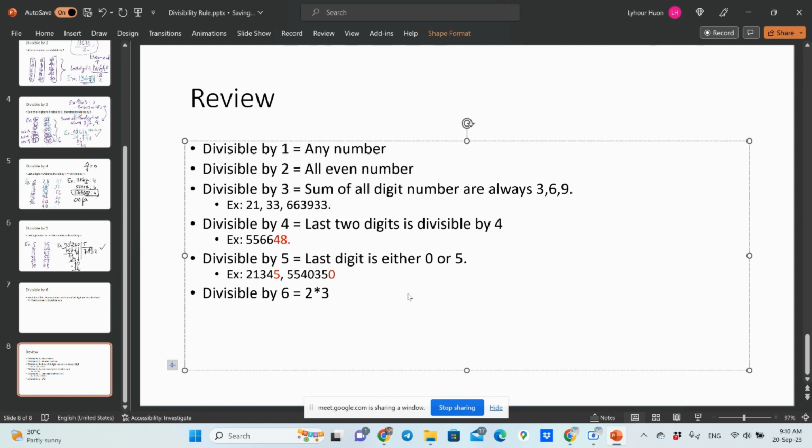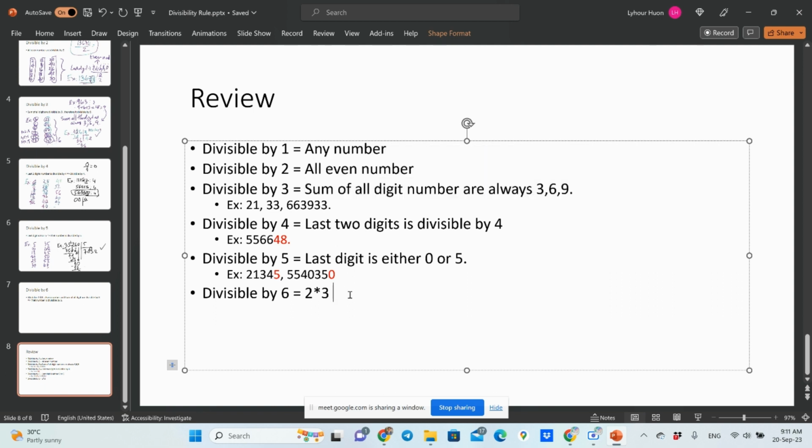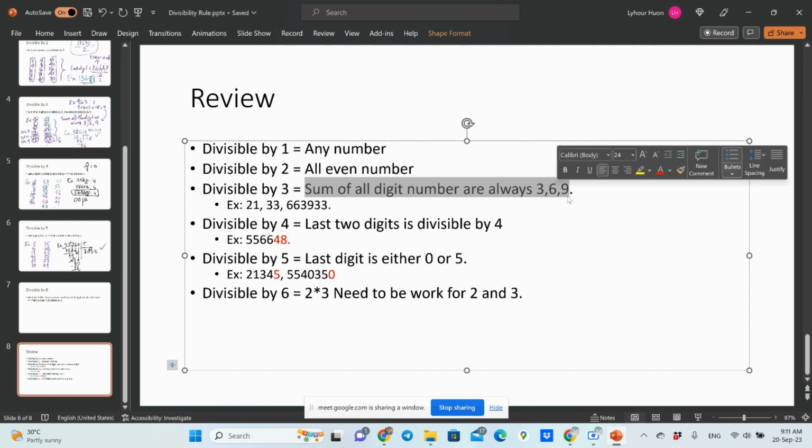So if it works for 2 and it works for 3, then it will work for 6. In other words, a number divisible by 6 must be an even number, and the sum of all digits is always 3, 6, or 9.